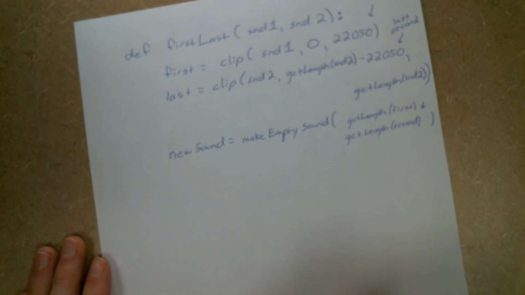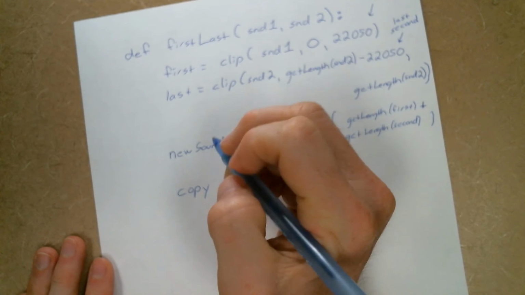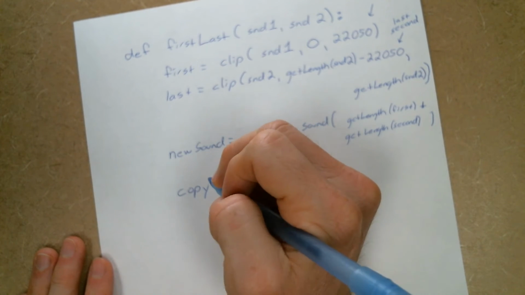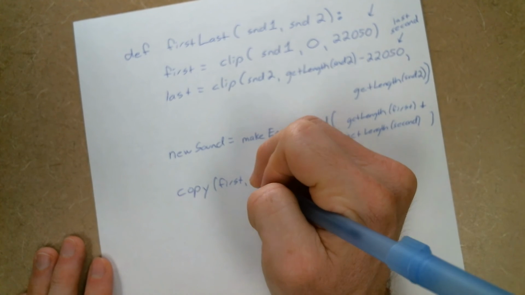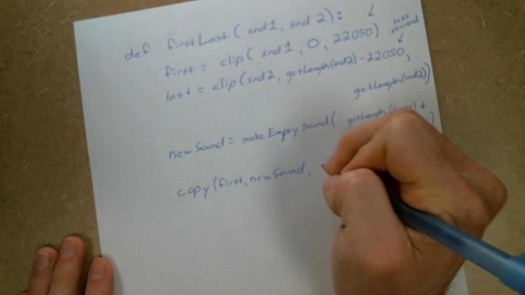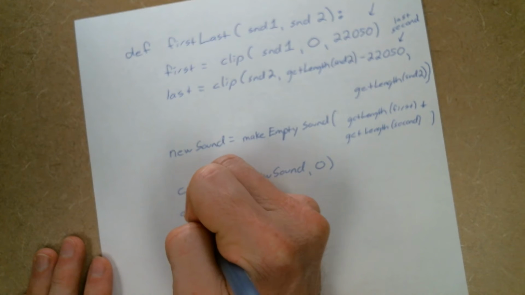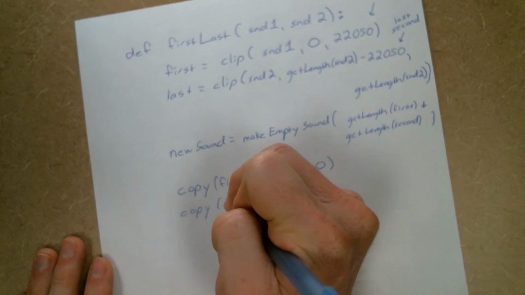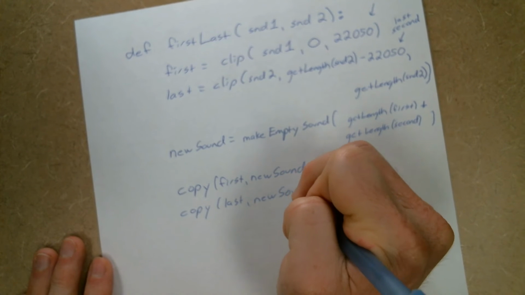From there, I can copy first into my new sound and start at 0, so it starts at the very beginning. Then I copy last into new sound.